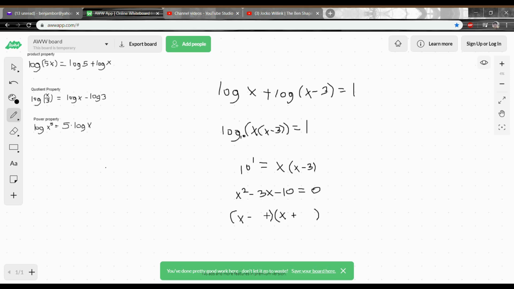And if we take a negative 5 and add a positive 2, we'll get the factors x minus 5 and x plus 2 can be FOILed into x squared minus 3x minus 10.